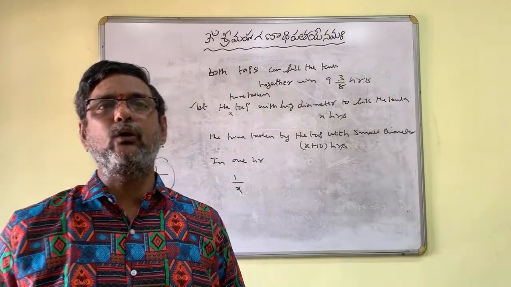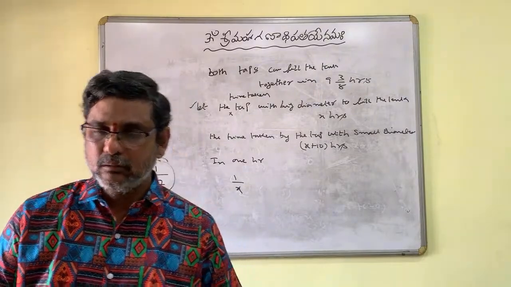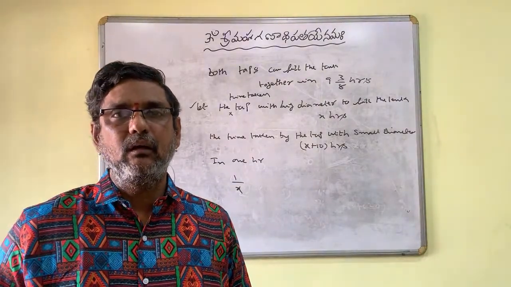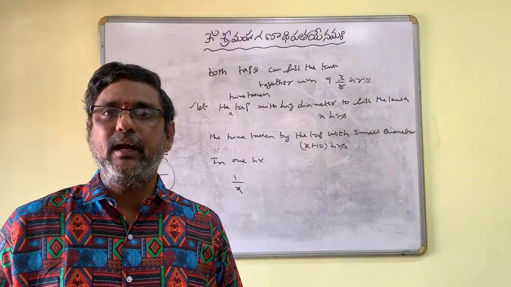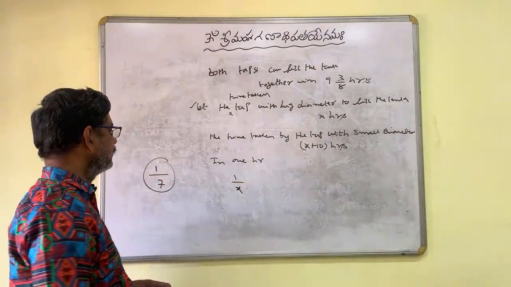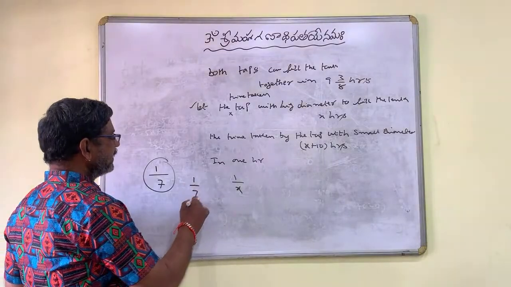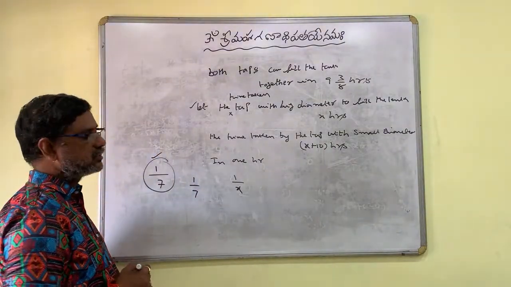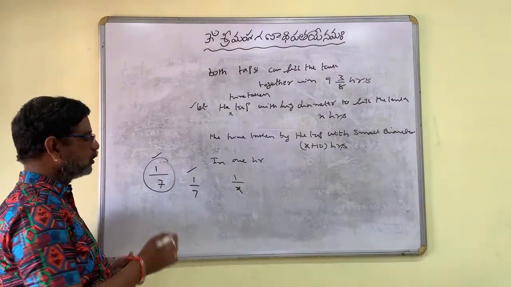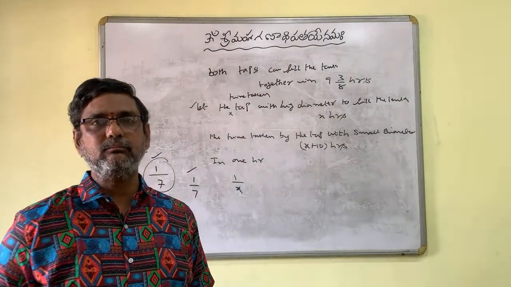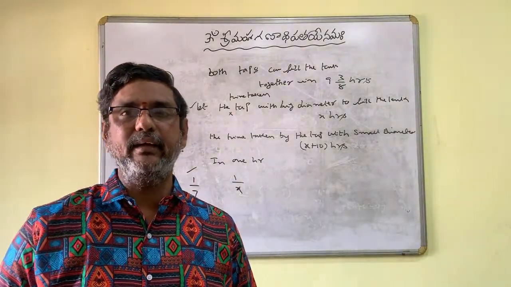And on the second day she took Manoj's book, completed the second day's work and returned it the next day. So one more 1/7 is complete. That means with 1 day of Akanksha's notes and another day of Manoj's notes, together she completed 2/7 of the work. This is what you have to understand.